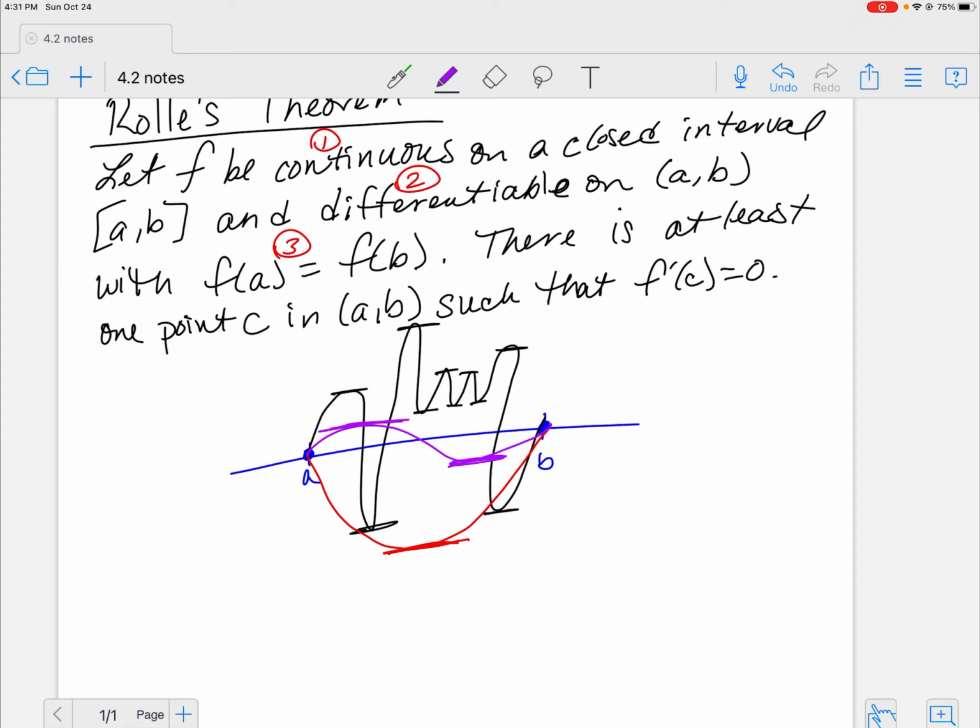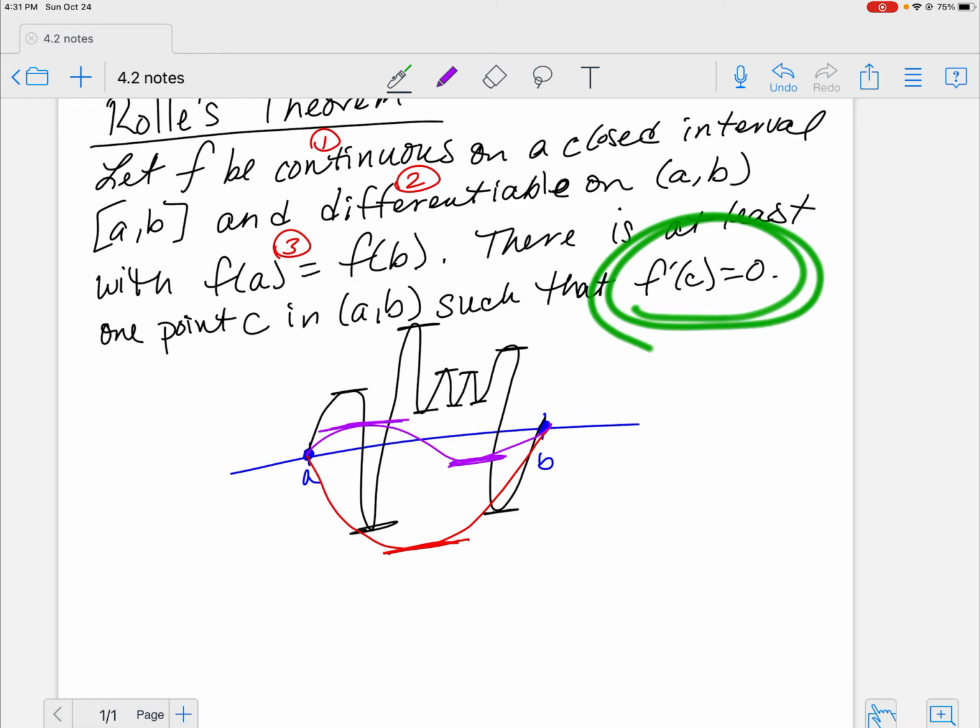That is Rolle's theorem. If these 3 criteria are met, it has to be continuous. I can't have any breaks in here. I can't have any asymptotes. I can't have any piecewise. As long as it's continuous from A to B, whatever my graph is doing, I don't care. It has to be continuous and it has to be differentiable, right? So I can't have any cusps that go through there because then it's not differentiable.